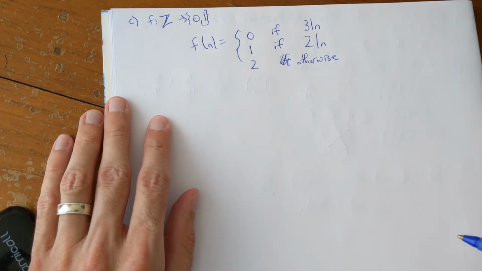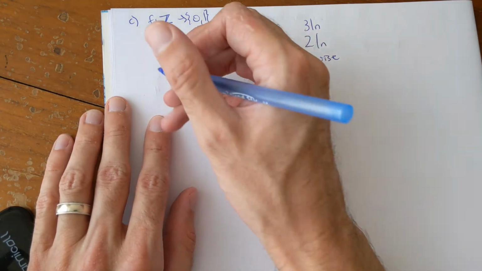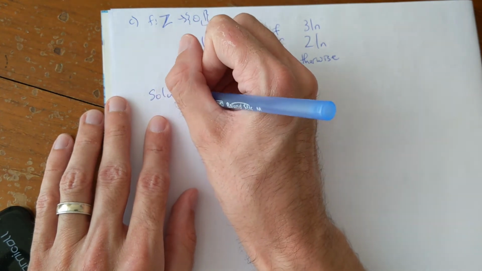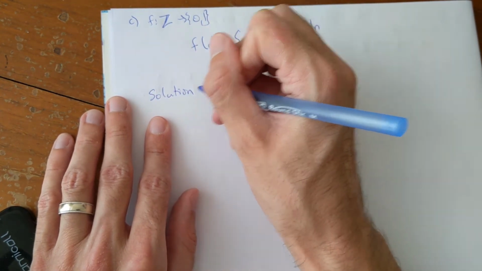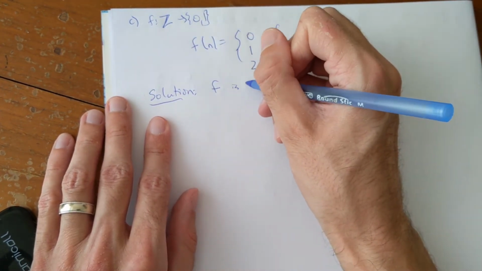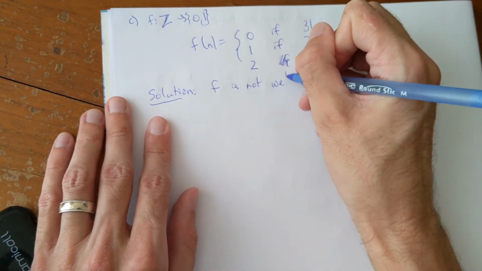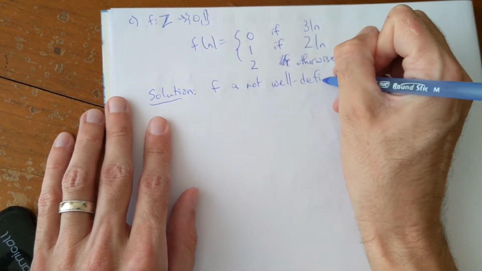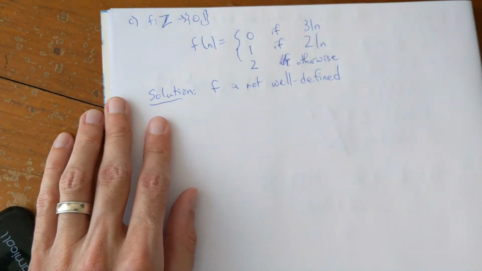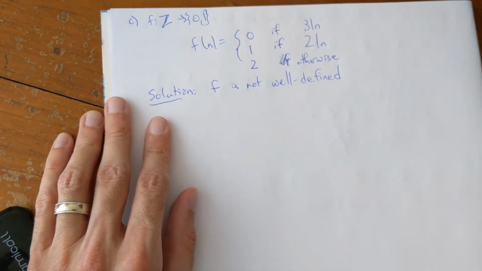Again, this one is also not well defined for a couple of reasons, and you only have to give me one reason, because once it's not well defined, it can't be super not well defined. You're either well defined or not.